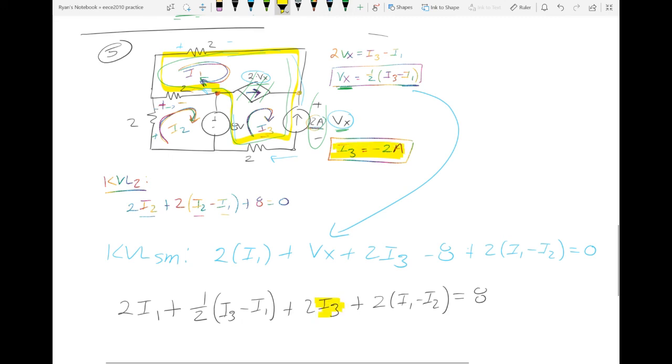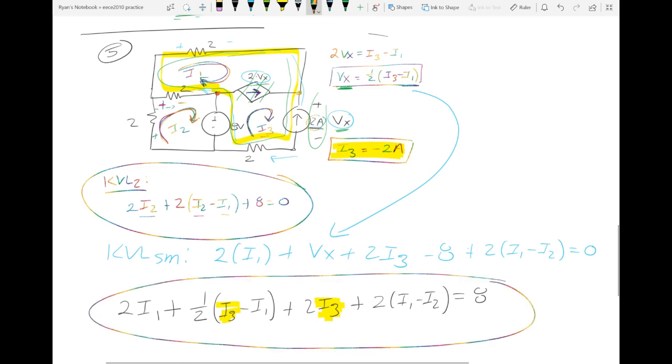I know all the I3s. And so, given that, I have one equation with just I1s and I2s, and a second equation with just I1s and I2s. That will allow you to solve for I1, I2, I3 is given, and then finally you can come back up here and say, all right, I finally know I1 and I3, and I can get my answer.